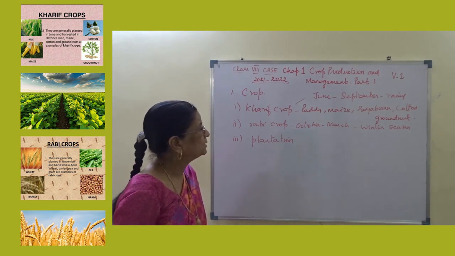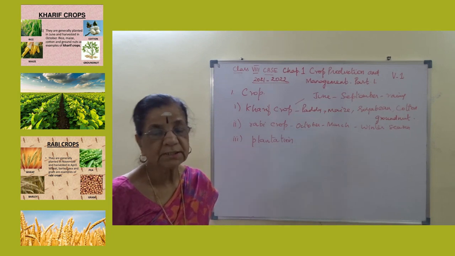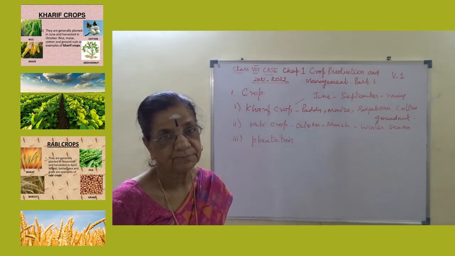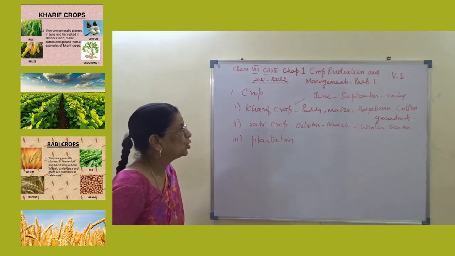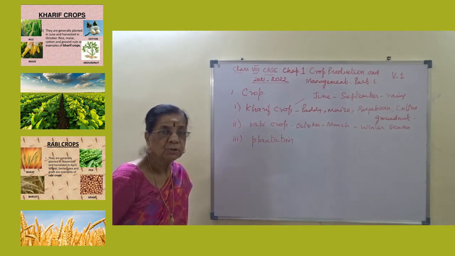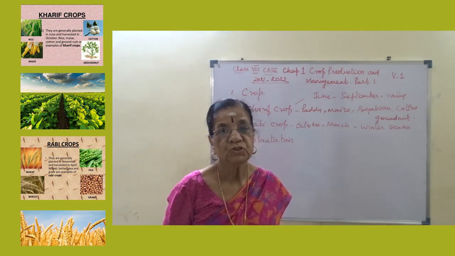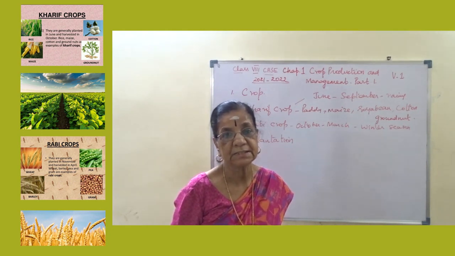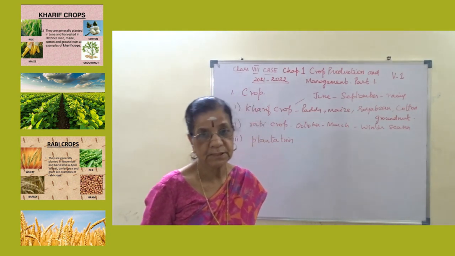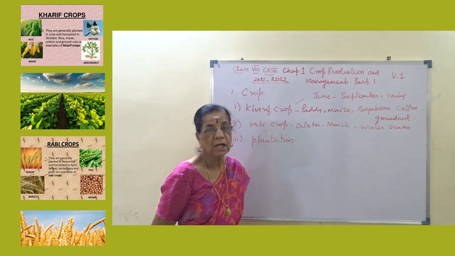Examples: paddy, maize, soyabean, cotton and groundnut. I hope you understand. Whereas rabi crop is grown during winter season. When you put it in a sentence, you say crops which are grown during winter season are called rabi crops, October to March.